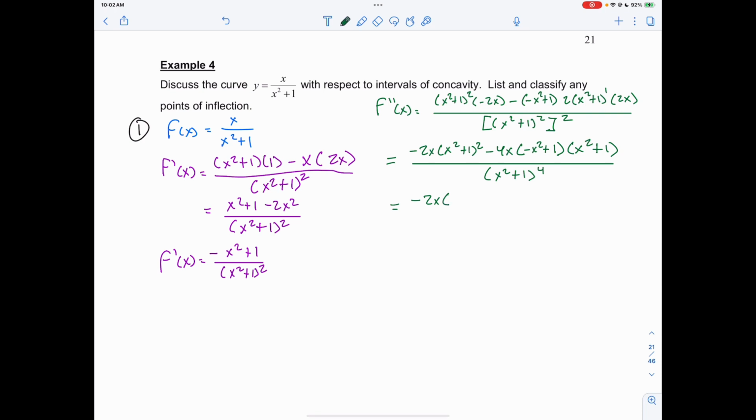I can factor out an x squared plus 1, and that's going to leave me with x squared plus 1 plus 2 negative x squared plus 1, all over x squared plus 1 to the power of 4. But now I can see I have a common factor of x squared plus 1 on the top and on the bottom, so I'm going to take away 1 from each of those.